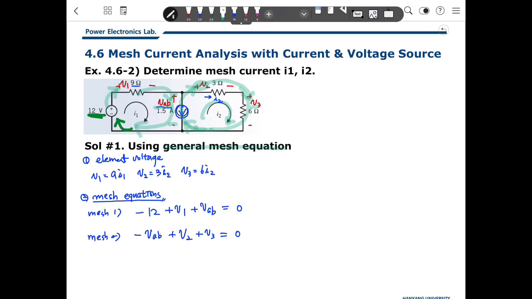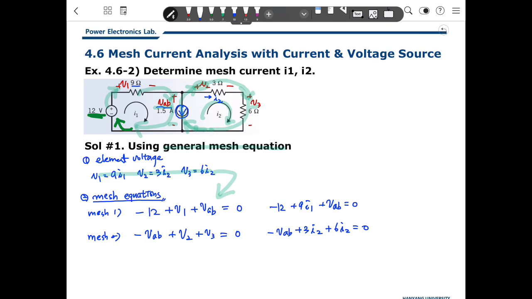So we reuse those element voltages, adding them here, so we can rewrite these mesh equations. Minus 12 plus 9I1 plus VAB will be 0. And minus VAB, V2 is plus 3I2, plus V3 is 6I2, will be 0.